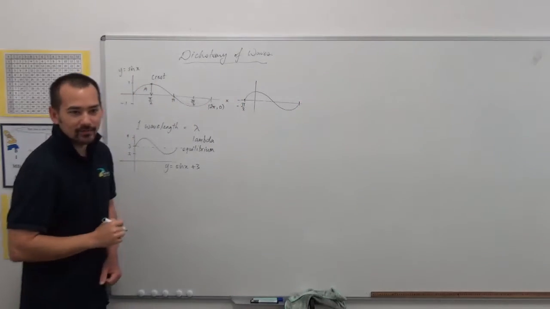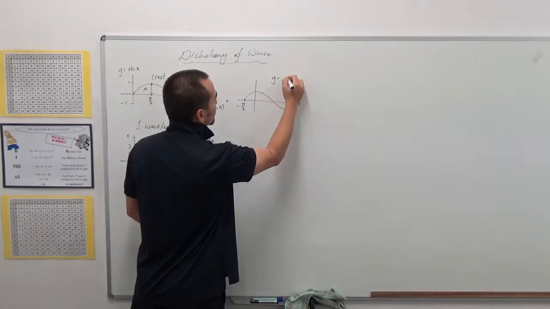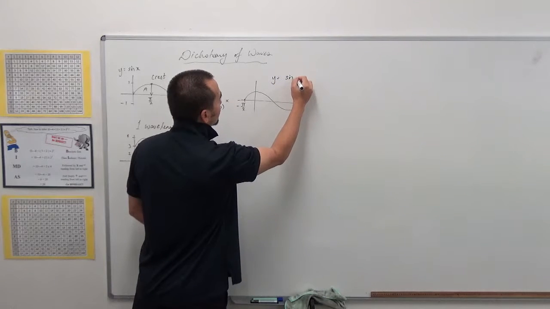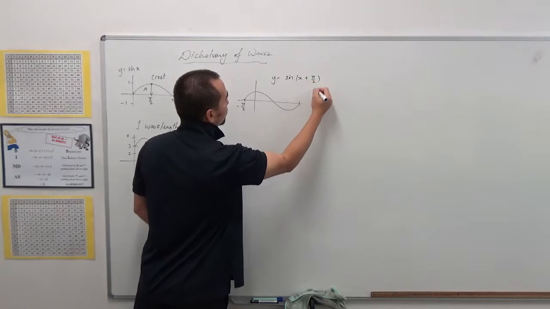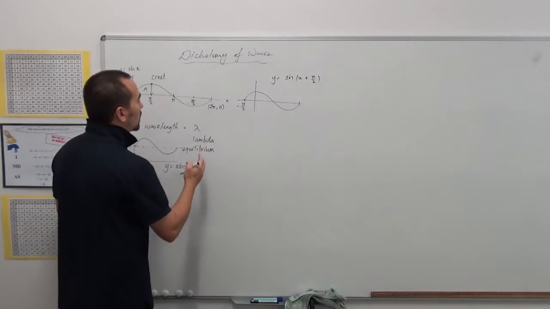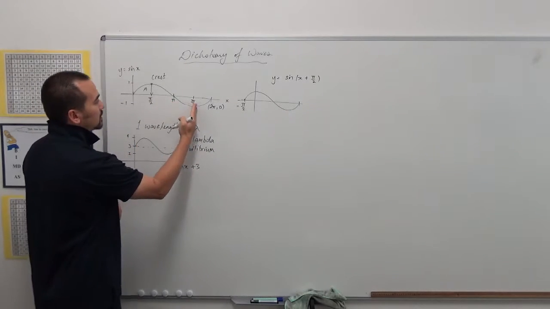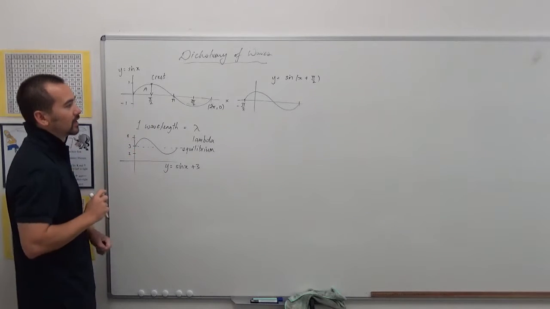So there's my sine curve. It's been shifted to the left, and so this graph is y is equal to sine of x plus pi on 2. All these x values have now been shifted to the left.